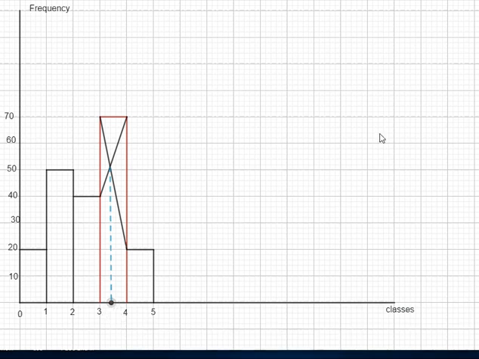Of course, use a gridded paper to find an approximation of the mode. If you put 3.4, 3.2 is okay, it's an approximation, but not more than that. So the mode graphically is about 3.3.